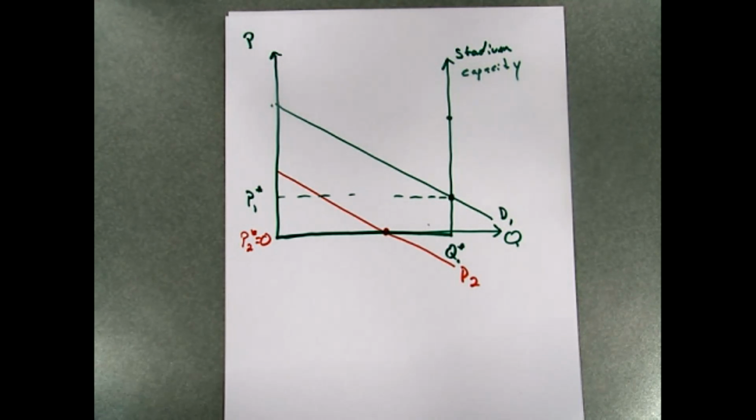If I'm living in Chicago, and I'm a Chicago Cubs fan, what's probably true about my demand to go to a White Sox game? I can't remember the name of the stadium. It's changed a million times. So what would be true probably about my demand to go to a White Sox game? It's going to be relatively low, right? My demand to buy a ticket to a certain game is going to depend on the team that's playing. So even if there's no monopoly power, at the very least, these markets would look more like what?